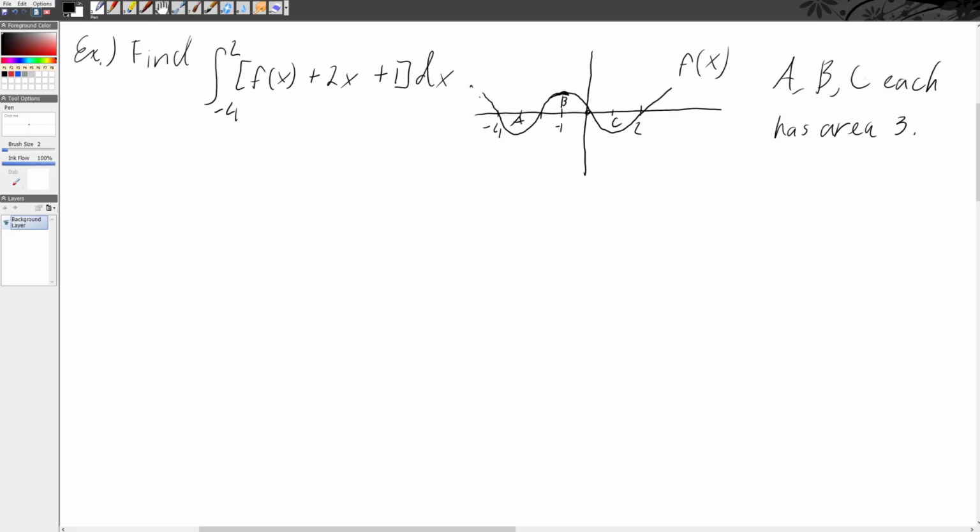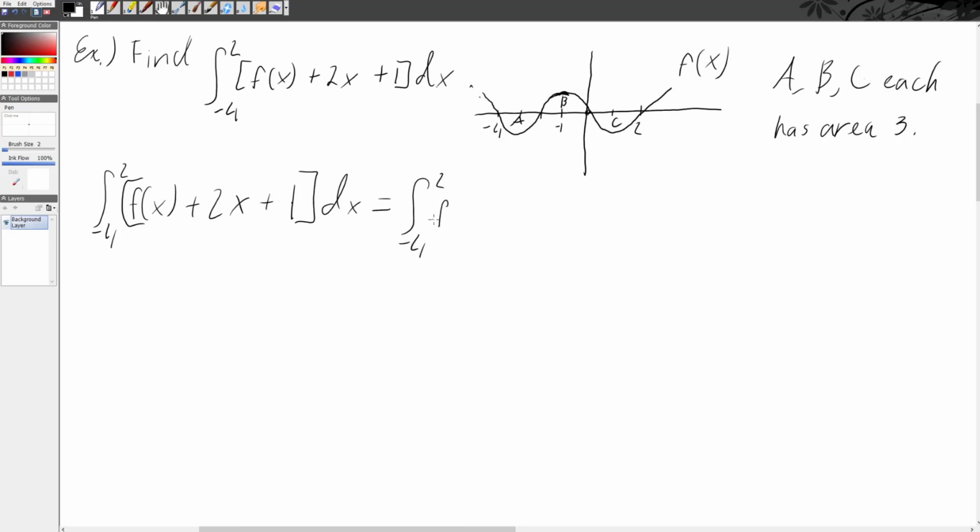Now what we want to do is appeal to a property of integrals before we even do anything. What I mean is that an integral can be split across addition and subtraction, just like how you did with the limit.